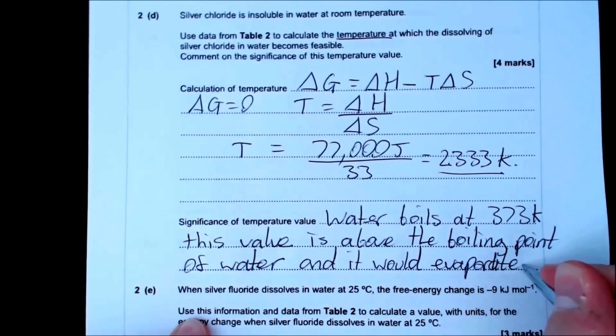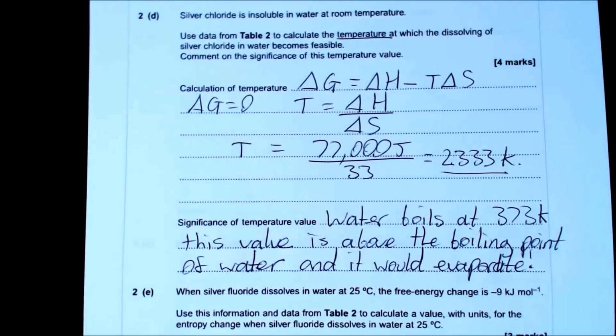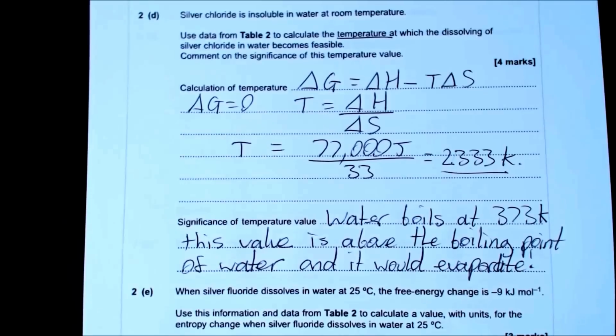Okay, so that's obviously not very good at all, is it? So you need to get this thing to dissolve, and the temperature that you need to dissolve it at is obviously a lot higher than your water.